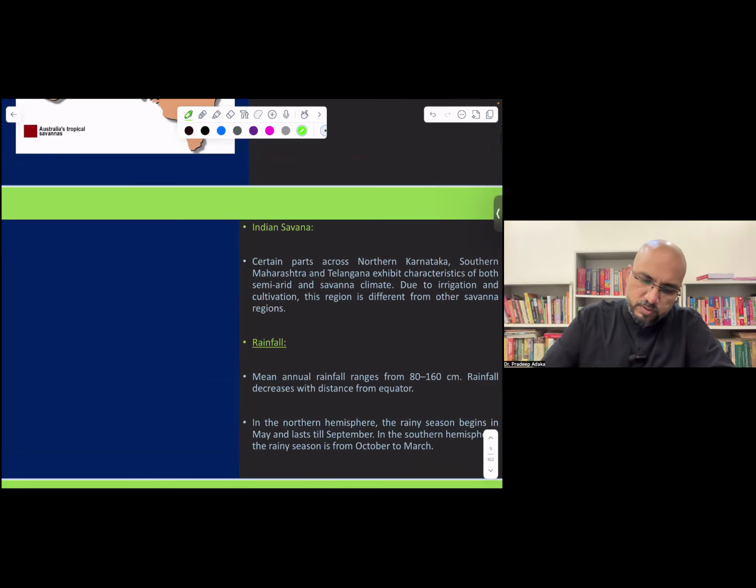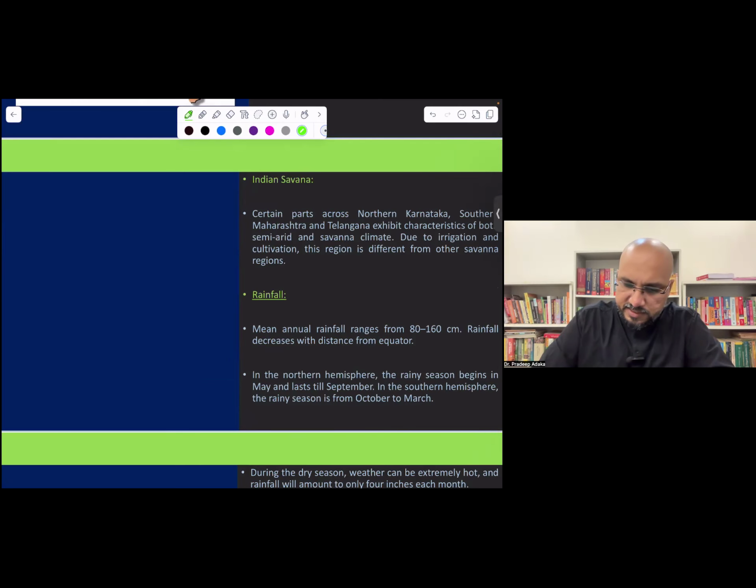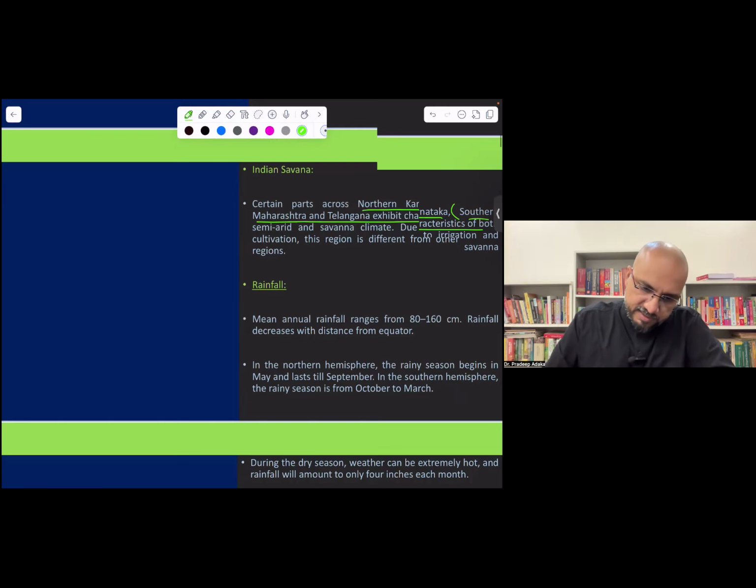Indian savanna: you find it in certain regions, northern Karnataka, southern Maharashtra, Telangana. They exhibit a semi-arid to savanna type of climate. Due to irrigation facilities in our country, this region is slightly different from other savanna regions. They show some characteristics of savanna grassland, but they're not entirely savanna grassland.